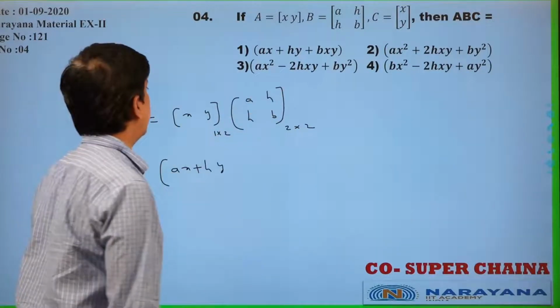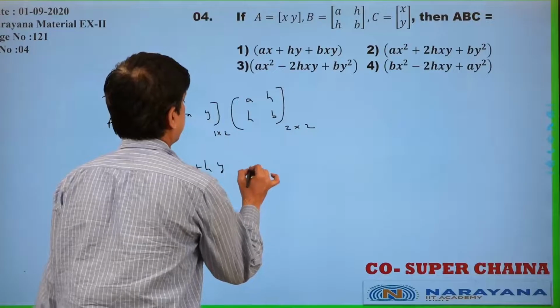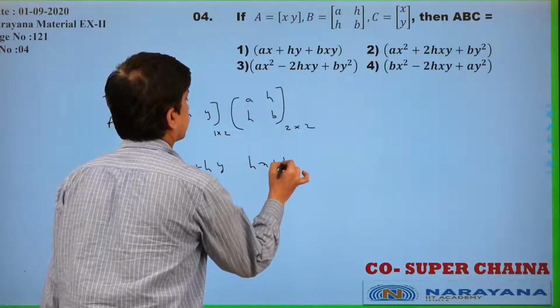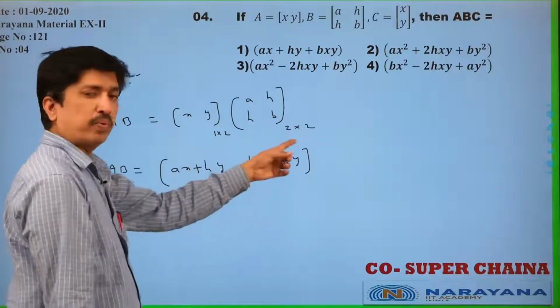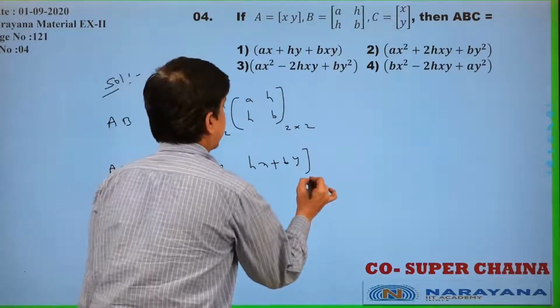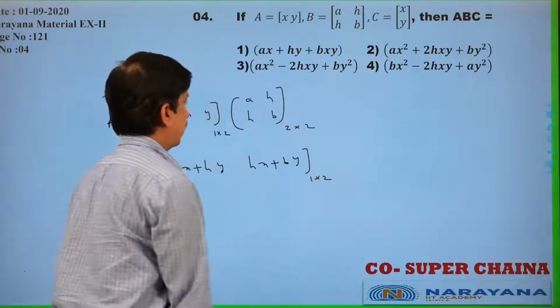First row, second column: hx plus by. Now the resultant matrix, from 1 by 2 and 2 by 2, is nothing but a 1 by 2 matrix only.